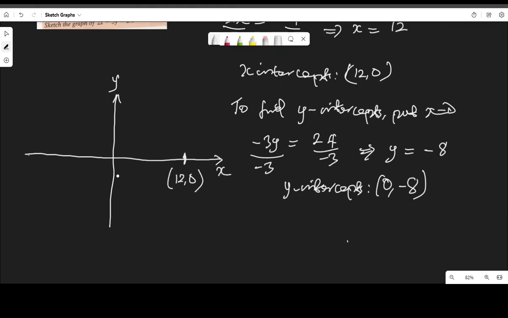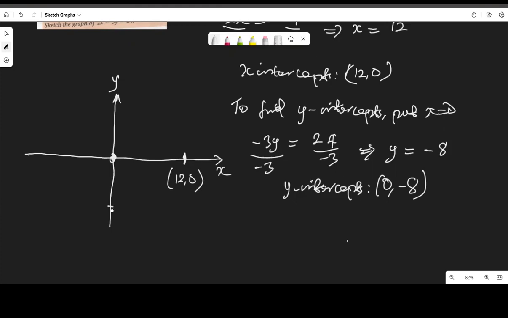We just need to show the position of this point. Remember that in a Cartesian plane, from the origin towards the right-hand side is positive, towards the left-hand side is negative, from the origin upward is positive, and from the origin downward is negative. So the y-intercept is (0, -8).